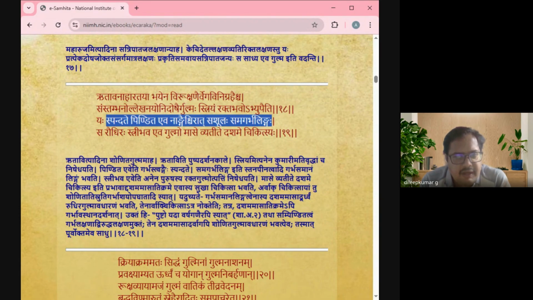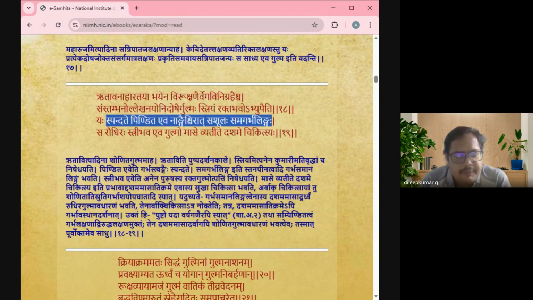Whereas if there is a fetus, parts of the body of the fetus will move. In Raktaja Gulma, if there is any pulsation or movement, the entire lesion will pulsate, spandate pindita eva. Na angair chirat. Whereas in Garbha, there will be movement of the parts of the body.